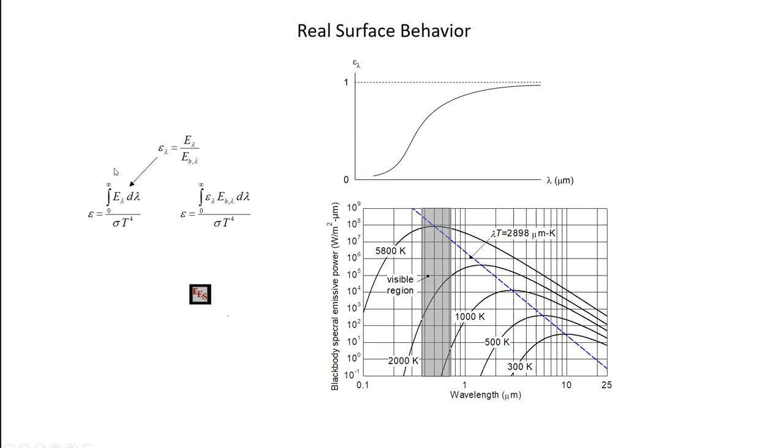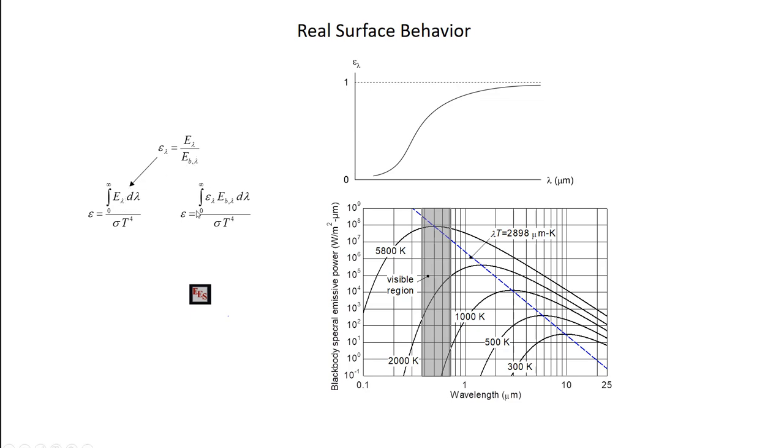So here's our equation for the total hemispherical emissivity. My spectral emissive power is given by the product of the hemispherical emissivity and the black body spectral emissive power.